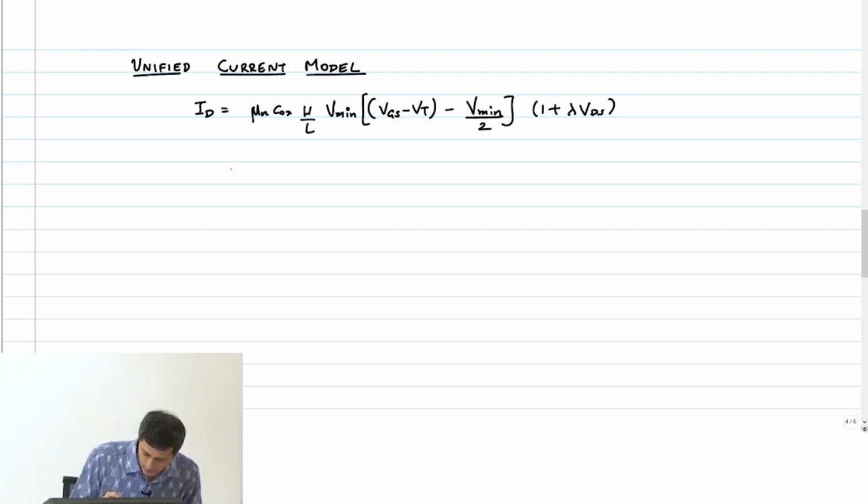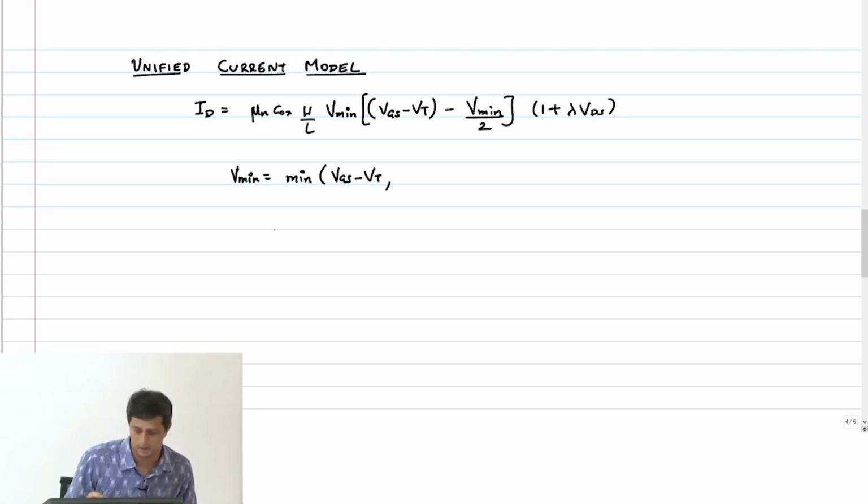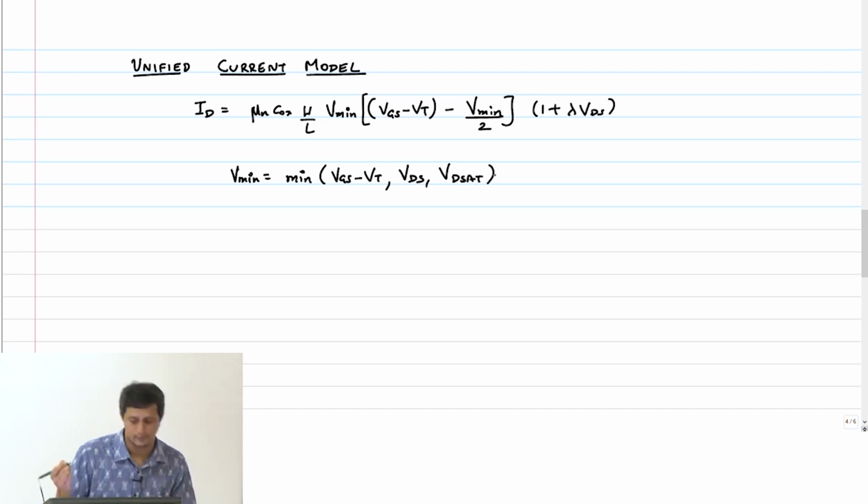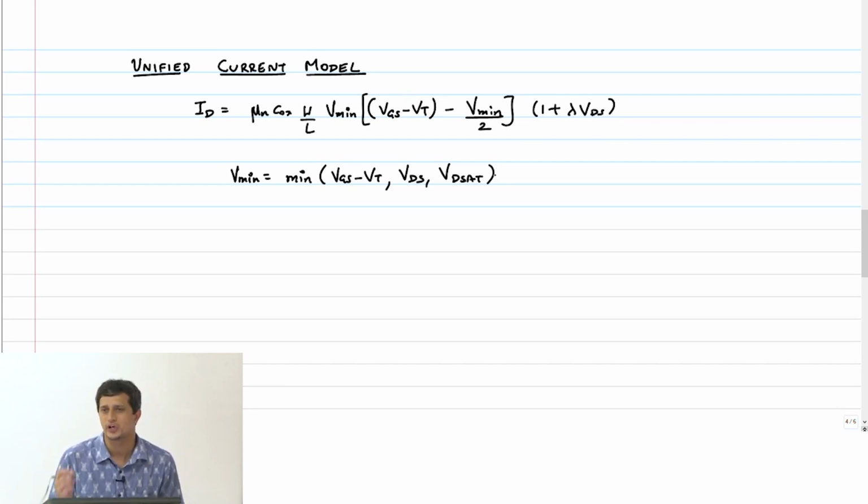Now what is V min? It is the minimum of VGS minus VT, comma VDS, comma VD sat. So given a problem, if you have to identify which region of operation it is in, you calculate V min, which is a min of these three.